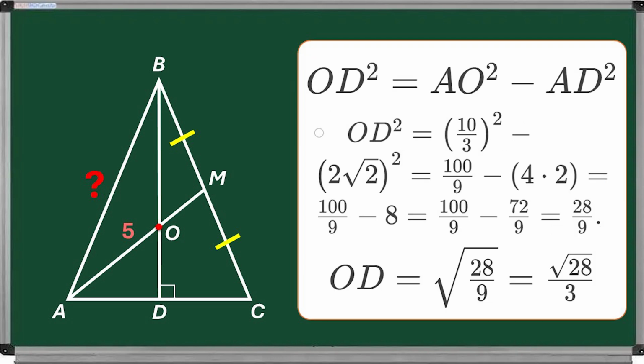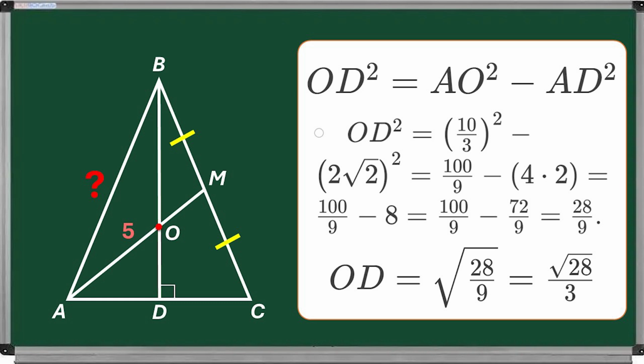Now we will find the length of segment OD. We'll do this so we can later determine the full length of the altitude BD. We will use the Pythagorean theorem in the right triangle AOD. The hypotenuse is AO, and the legs are AD and OD. So the square of OD is equal to the square of AO minus the square of AD.